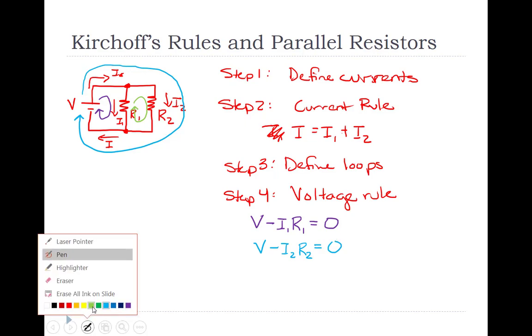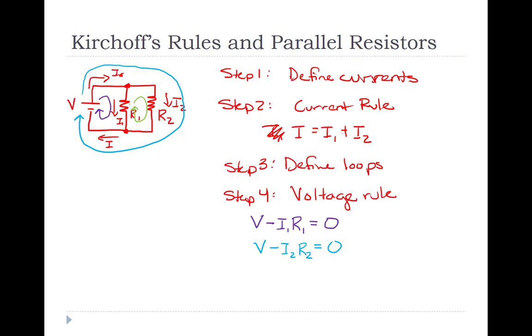And for the last loop. The last loop does not have a battery, so I can't start or stop at the battery. So I'm going to start at the lower junction, because that's the direction my loop is going. The first thing I'm going to do is head up through R1. So the green loop is heading up through R1, but my current is going down.